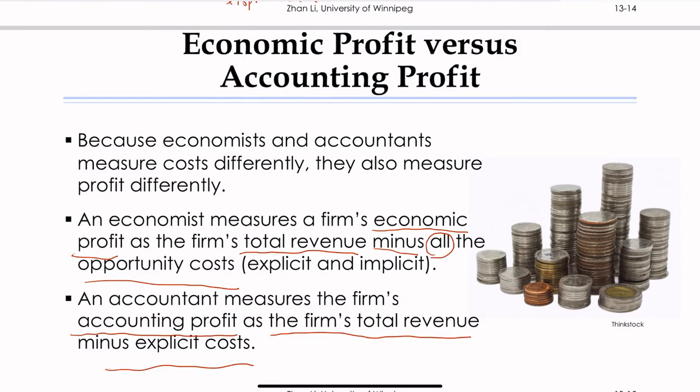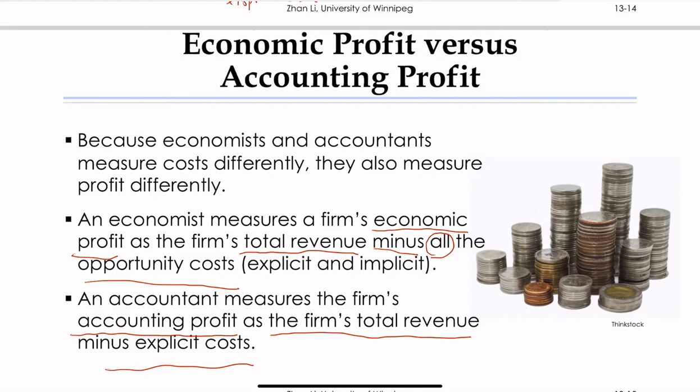Again, why do we have these differences? Well, because an economist and an accountant have different purposes. The economist, her purpose is to understand firm behavior. And firm's behavior is determined by total revenue and all the opportunity costs, including explicit and implicit costs.